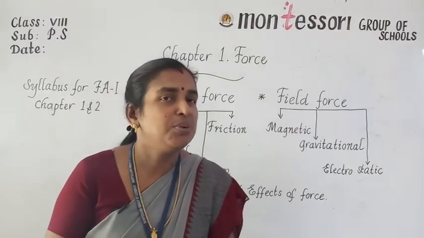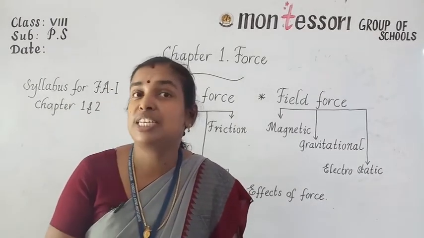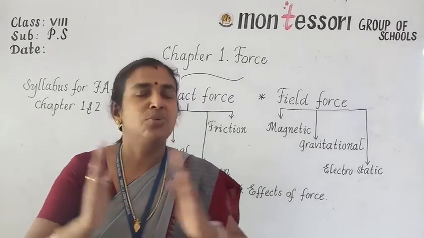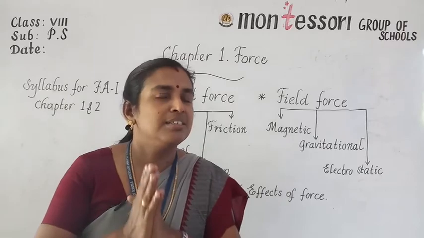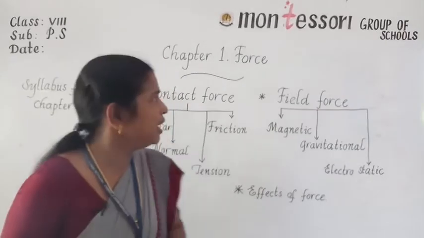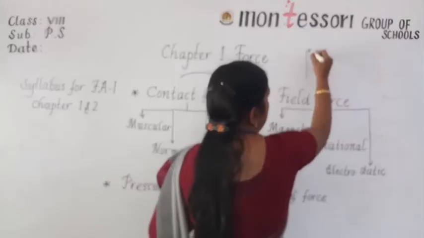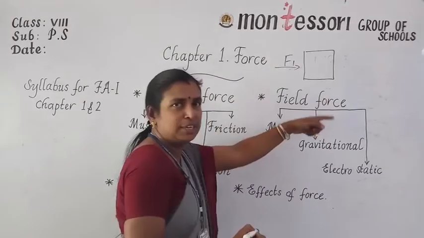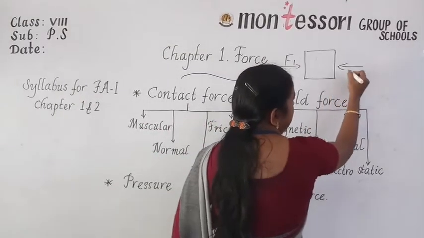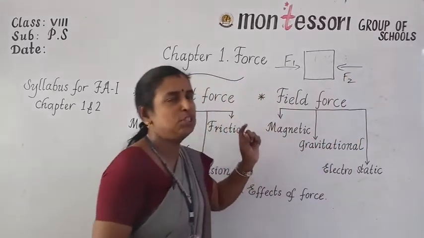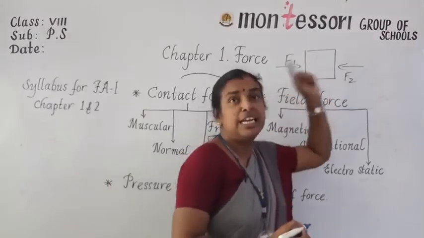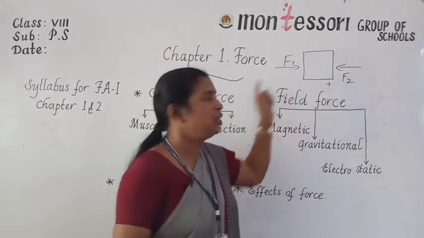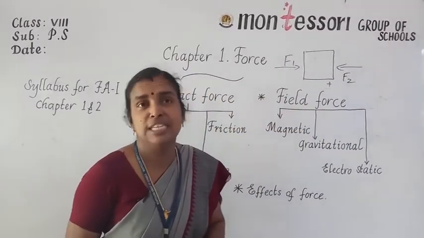Next we have to discuss how you can calculate net force. When you calculate net force, you have to take the sum. For example, if you have a body here, and you apply a force F1 in this direction and F2 in this direction, the force which you take from left to right, always take as positive, and the force which you measure from right to left, always take as negative.